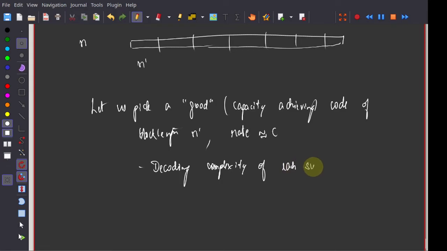Each subblock is 2 to the constant times n prime, right? So 2 to the c times n prime.